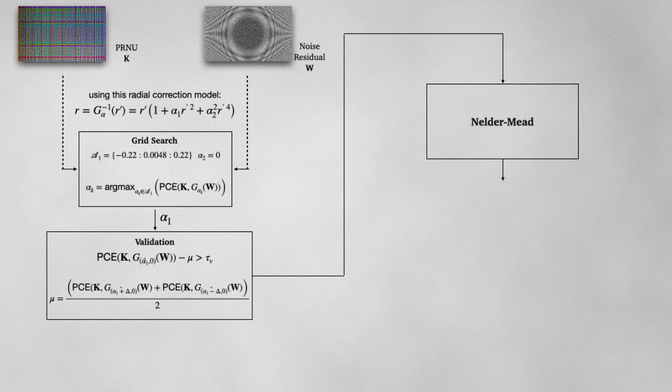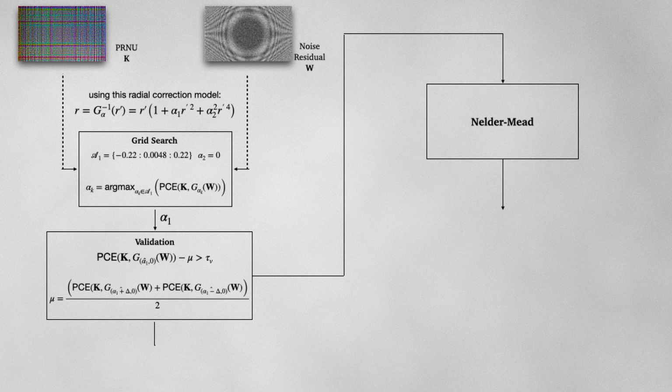This latter estimates two independent radial correction parameters by first finding alpha 1 using the PCE-guided grid search of sensor fingerprint-based identification of images corrected for lens distortions, without this early stopping condition. Thus, we validate alpha 1, exploiting the nature of the PCE and checking that its PCE value corresponds to the global maximum by comparing it with the average of two PCEs retrieved away from alpha 1.